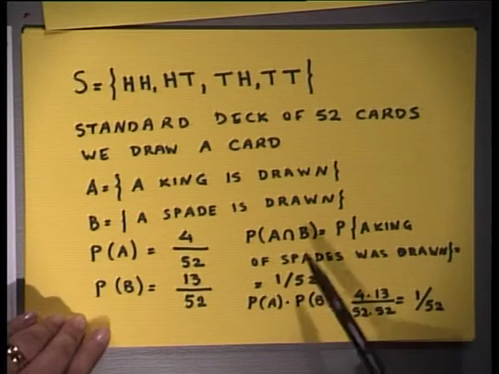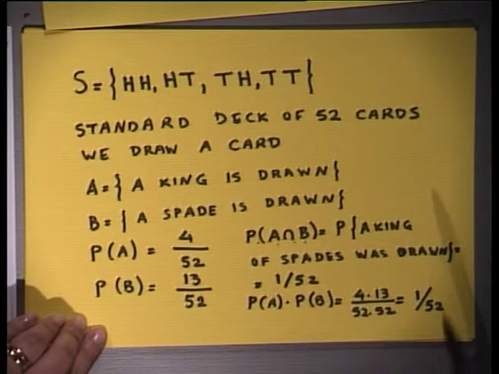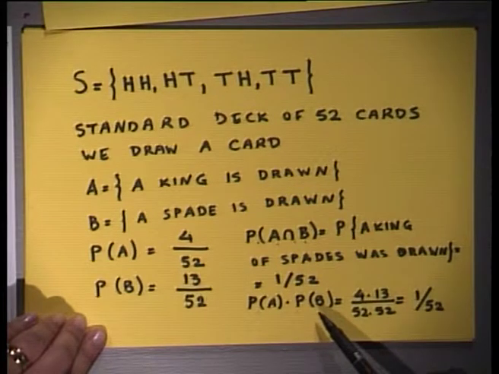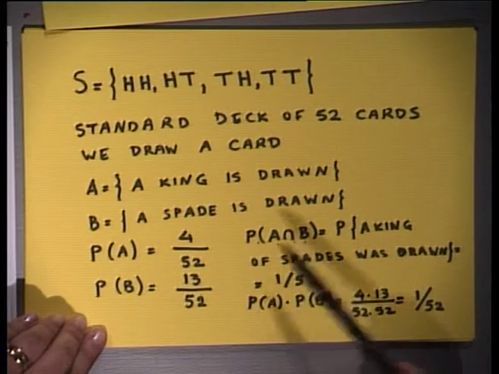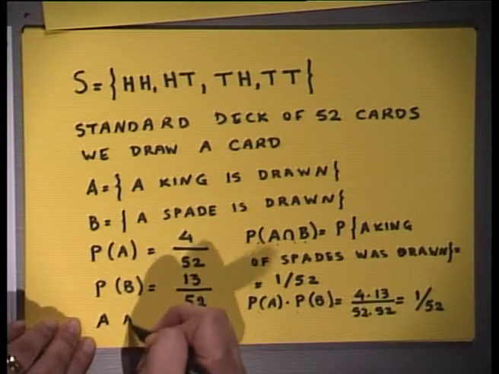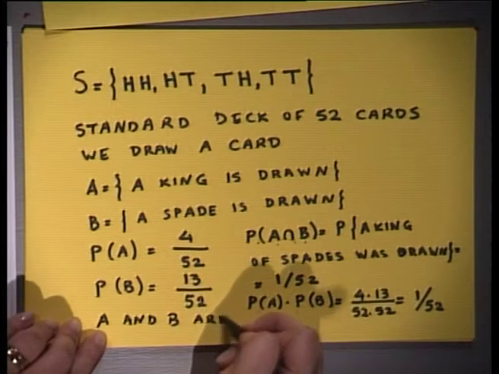So we can see that the probability of A intersection B equals the probability of A times the probability of B. And so the events A and B are independent.